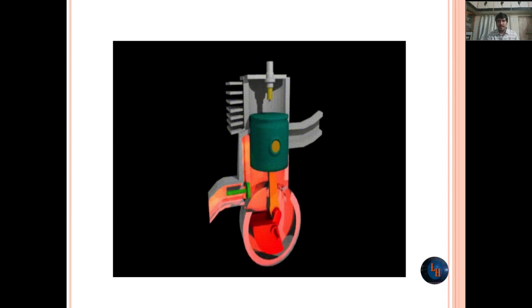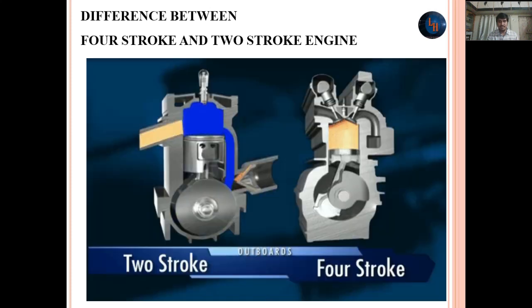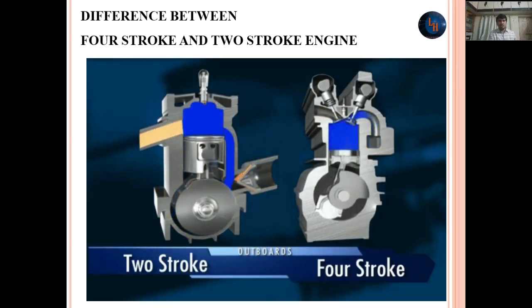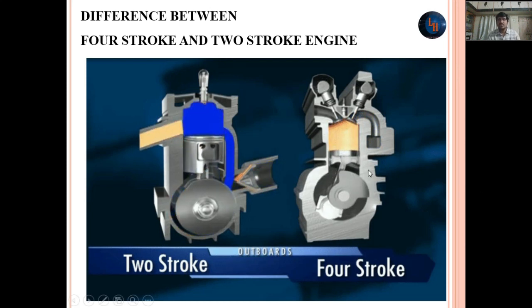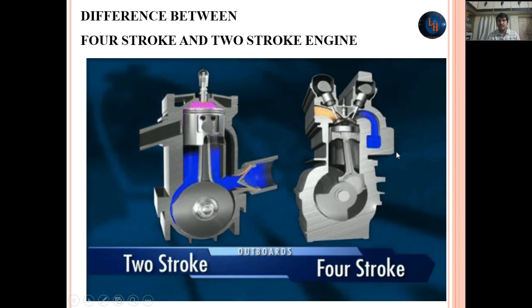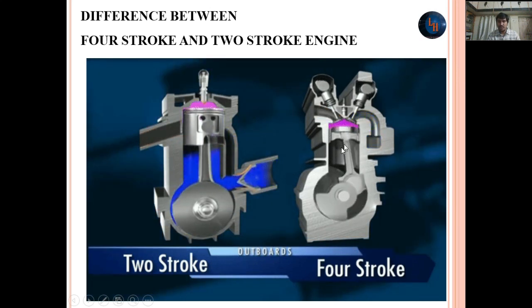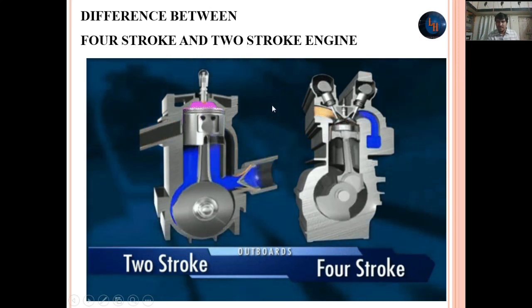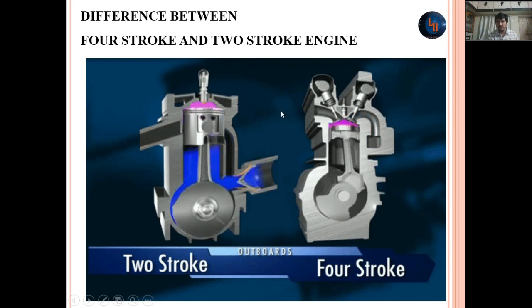Now the last point, the difference between the two-stroke and four-stroke engine. The main difference is, firstly, in the four-stroke engine valves are used for the transfer of fresh charge and for the exhaust gases to come out from the engine to the atmosphere.